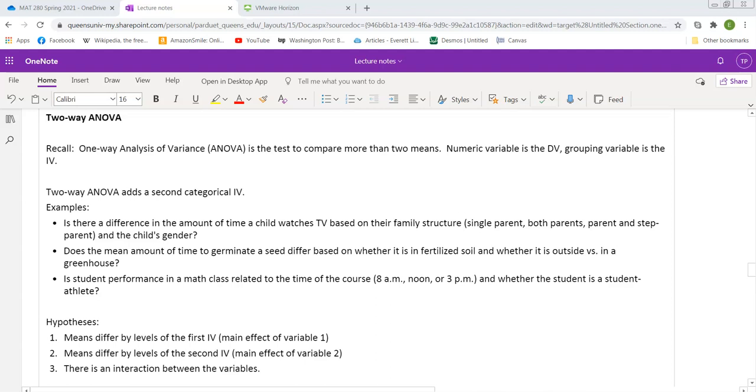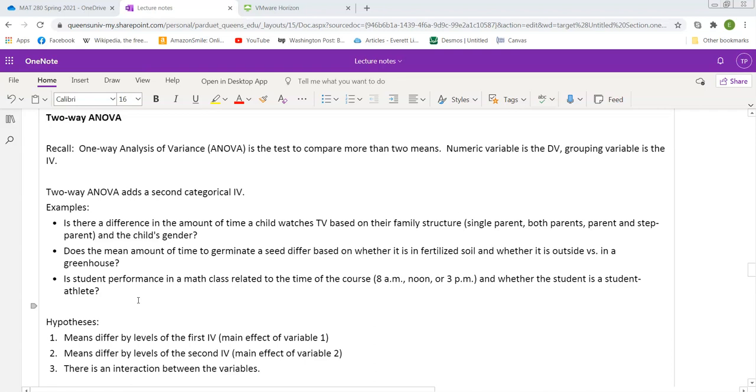The example we did was whether there's a difference in the amount of time a child spends watching TV per week based on their family structure, whether they live with both parents, a parent and a step-parent, or a single parent. And we wanted to know, was that factor significant in predicting the amount of TV the child watches per week?